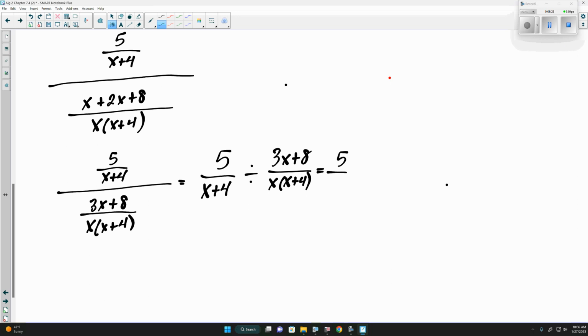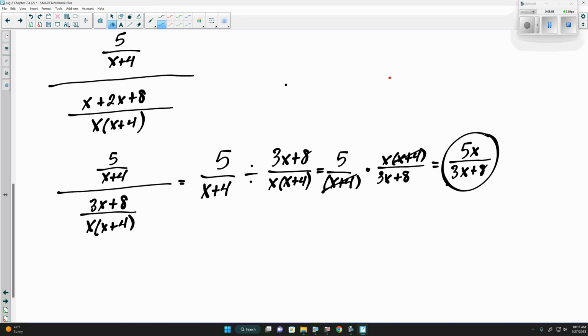But we don't really divide fractions. We keep, change, flip. Well, x plus 4 and x plus 4 will cancel each other out. And what we have left is 5x over 3x plus 8, and that is it.